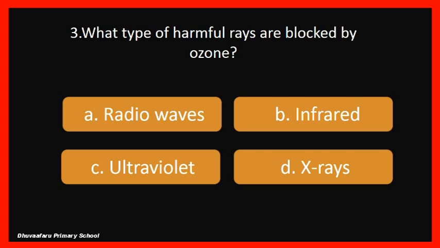Question 3. What type of harmful rays are blocked by ozone? A, radio waves, B, infrared, C, ultraviolet rays, and D, X-ray.